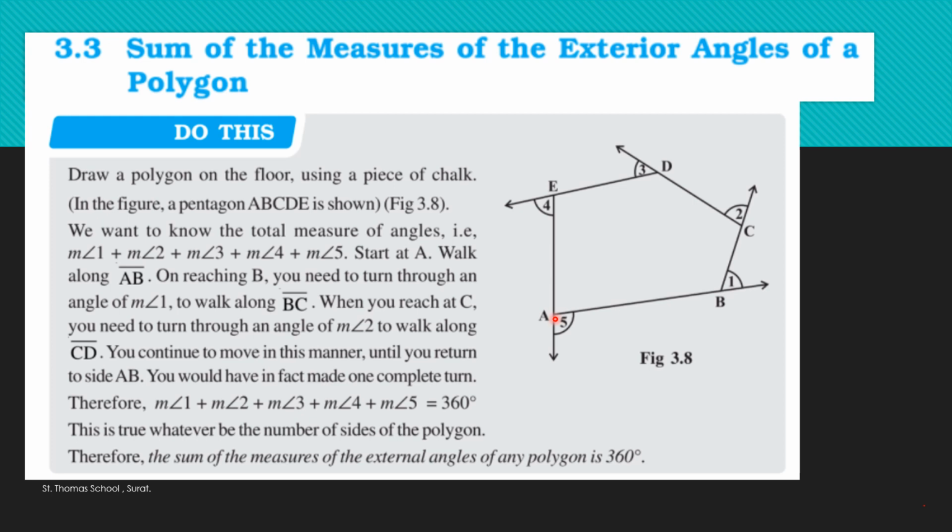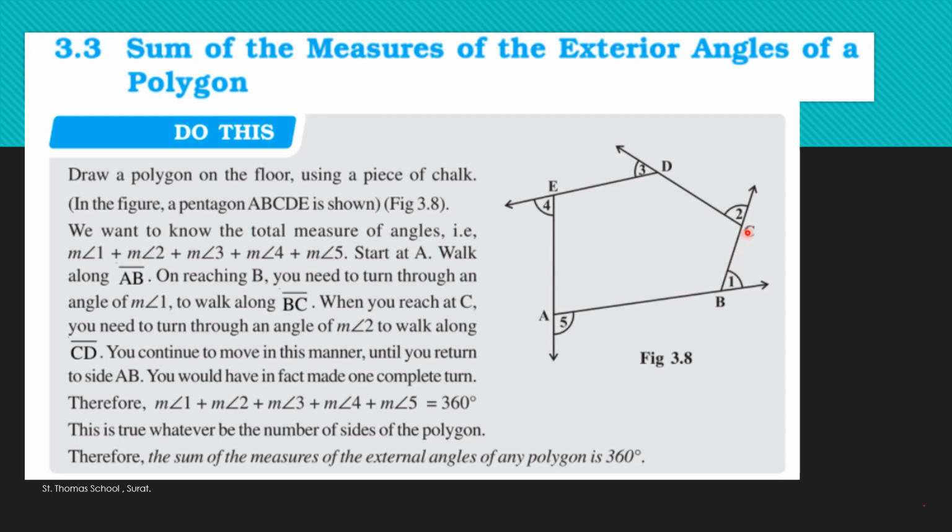Start at the point A, walk along AB. On reaching B, what do you have to do? You turn through an angle of measure 1, right? To walk along BC. So start from A and along AB you can walk. Then if you want to go to C, you have to turn through an angle of measure 1.